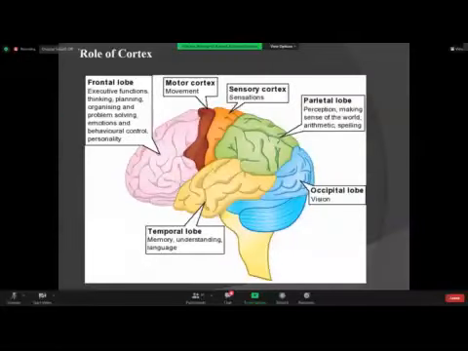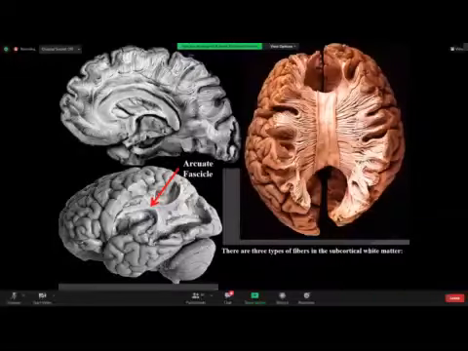So we have talked a lot about this. Another thing to notice is that we have a lot of connecting fibers which connect the left hemisphere to the right, and within the hemispheres they also go from one region to another, from the higher areas to the lower areas and from the lower areas to the higher areas.